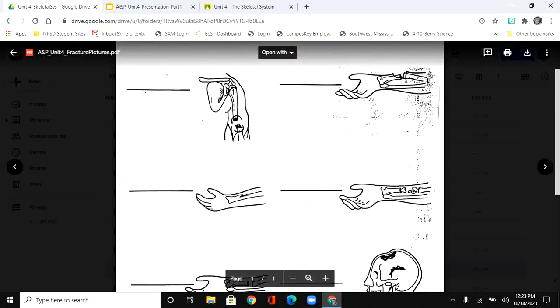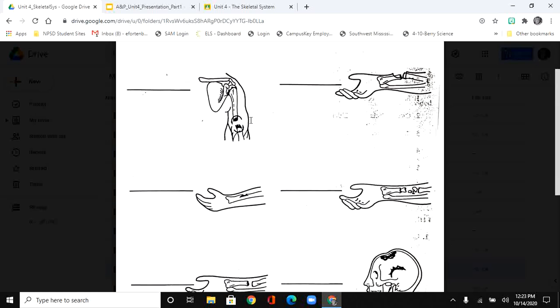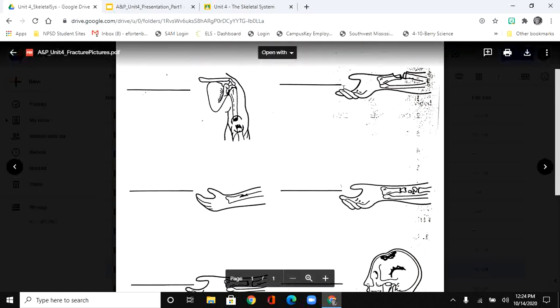And then the last description that we can give it is that it is a simple fracture or closed fracture because it does not break the skin. So for this particular fracture, we can classify it as a spiral, complete, transverse, closed, non-displaced fracture.